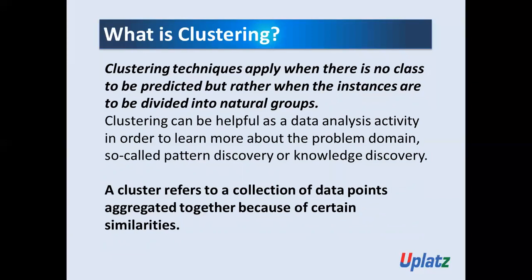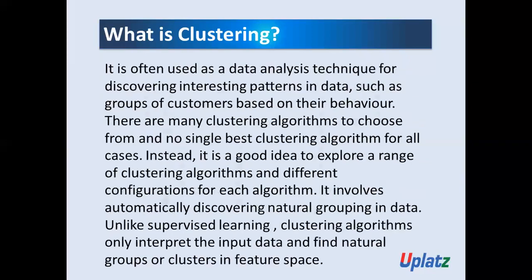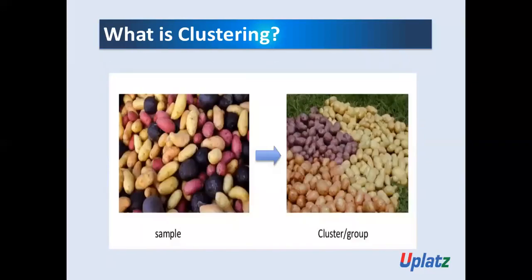Can you see this in this image? Based on the similarity of the objects, it is going to make groups. Let's suppose it's a collection of data points. Based on the similarity of the different objects, it is going to create a grouping. Once you apply the clustering technique to this sample data, you're going to get 3 different groups here.